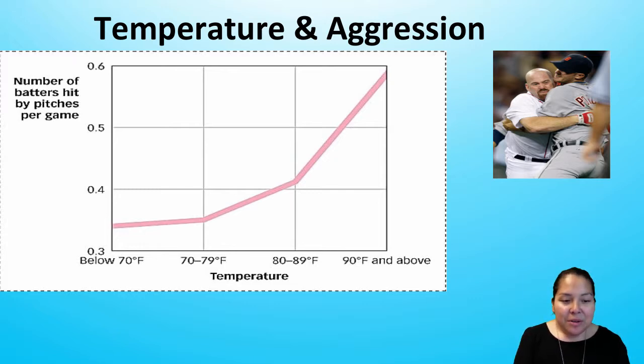This figure shows the average number of batters who were hit by pitches per game during the 1986 through 88 Major League Baseball seasons. As you can see, the temperature on the field was highly correlated with the likelihood of being beamed with a baseball.